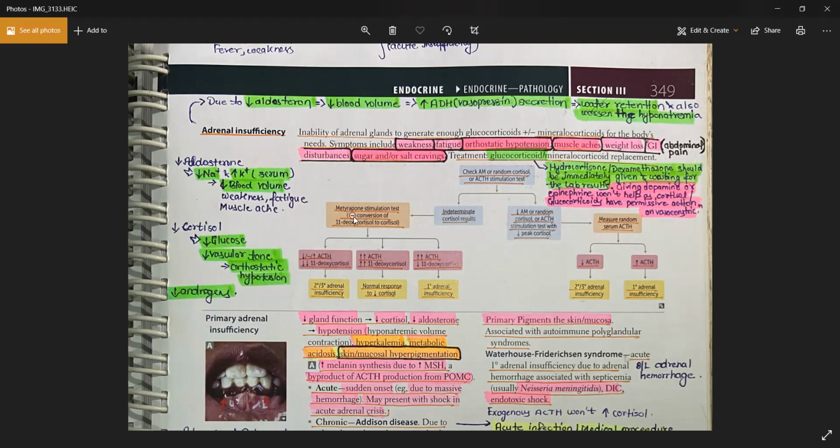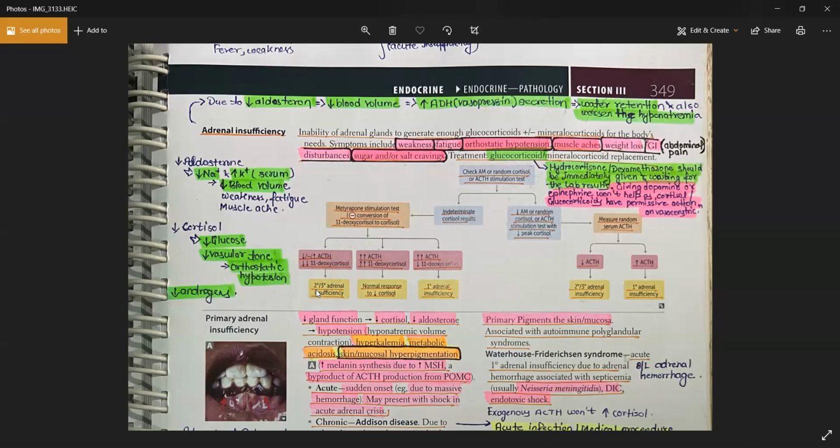Now what's going to happen? You will have a high level of 11-deoxycortisol and a low level of cortisol. So three scenarios can happen: either the ACTH level is decreased or normal, or it is increased. If ACTH levels are decreased or normal, that means there would be a secondary or tertiary insufficiency, because with the negative feedback from low cortisol the ACTH must increase, but it is not increasing.